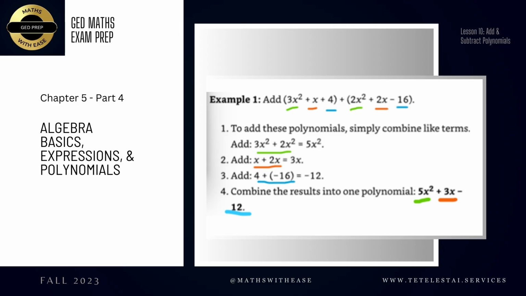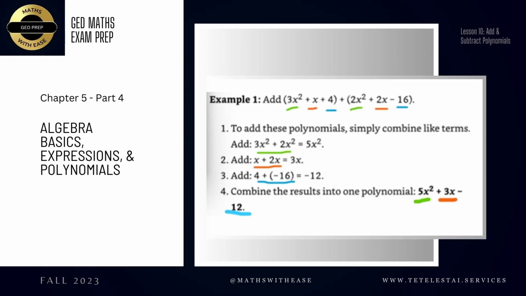In this particular instance, when we're comparing all our variable terms, the terms with the largest exponents are 3x squared and 2x squared. So we're going to add 3x squared plus 2x squared. That gives us 5x squared.